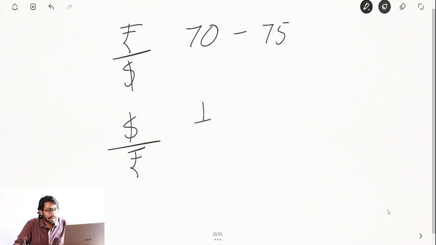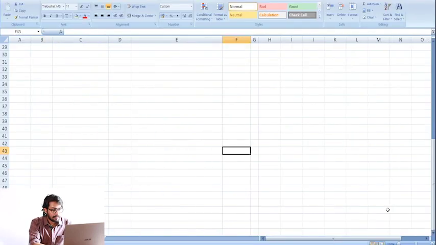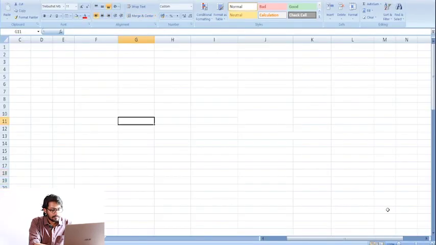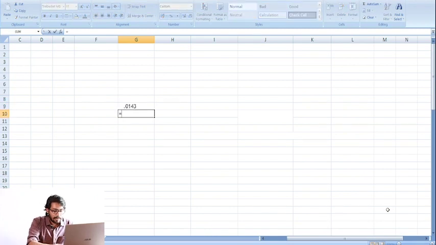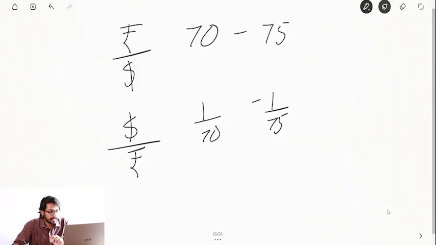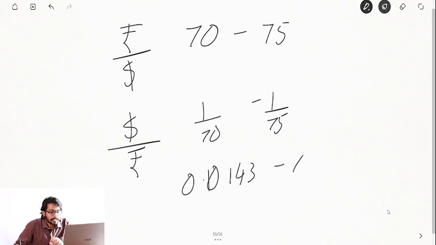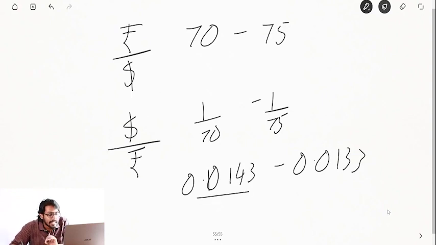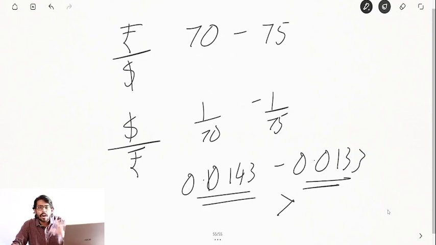Suppose you take 1 by 70 and 1 by 75. 1 divided by 70 is 0.0143 and 1 divided by 75 is 0.0133. You create a situation where bid rate is greater than the ask rate, which is impossible, which cannot happen.